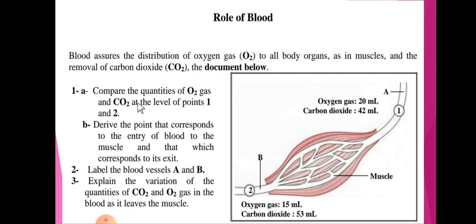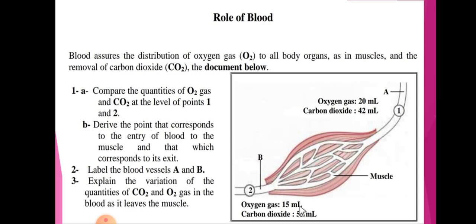The question is to compare the quantities of oxygen gas and carbon dioxide at the level of points 1 and 2. So you know that the quantity of oxygen gas in 1 is 20 milliliter, which is greater than that in 2, which is 15 milliliter.